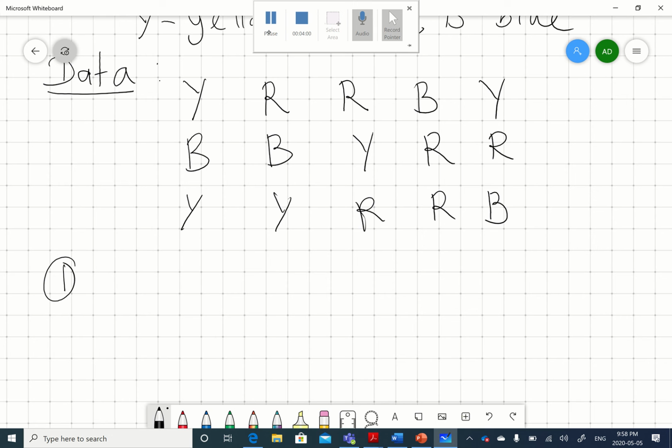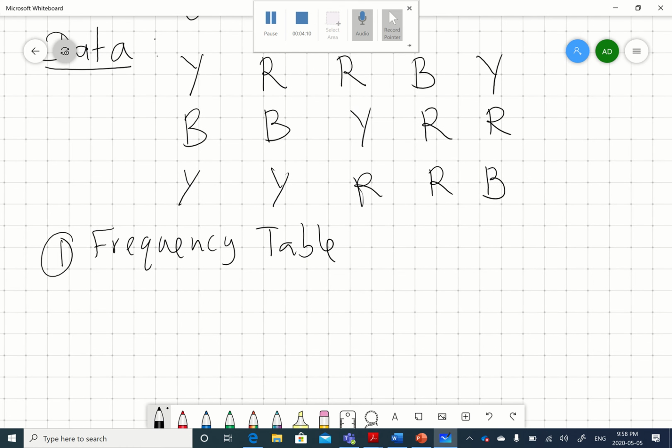First method, frequency table. It's a very simple idea, similar to a frequency distribution. You have 2 columns. The first column is to classify all the distinct categories, or you can call them classes, or you can call them colors, color preferences.